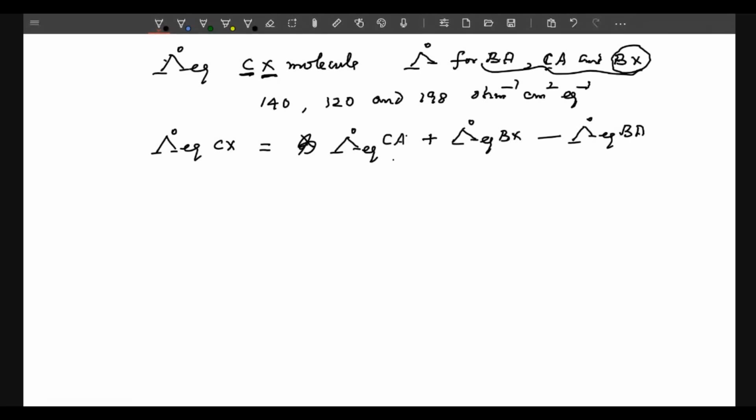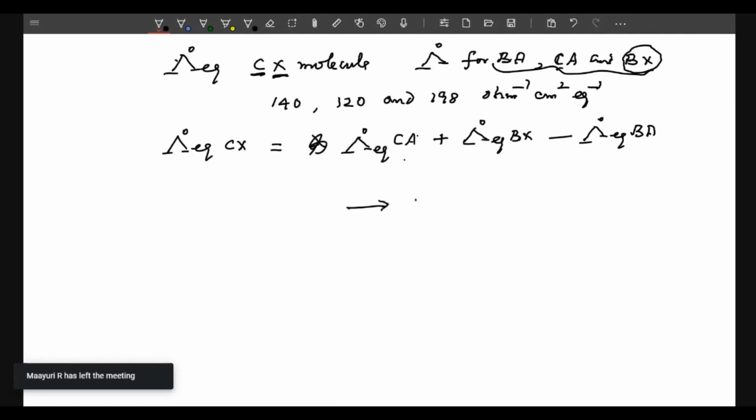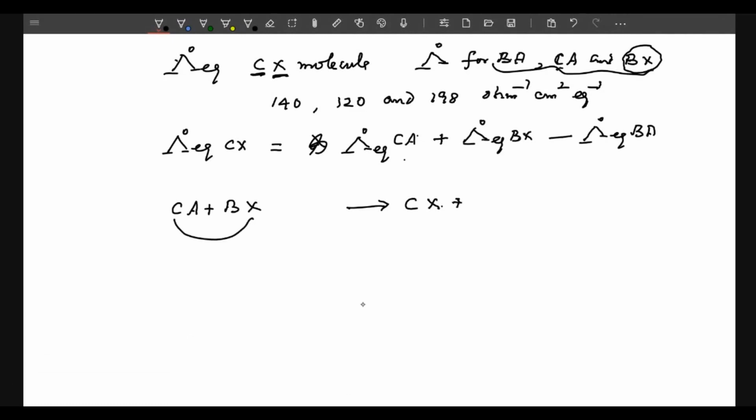Or you can write it in this way also. CX should be formed from these reagents. C is present in CA, X is present in BX. When you add these, C and X combine, plus another product, AB or BA. I want to calculate only CX, therefore I subtract AB.